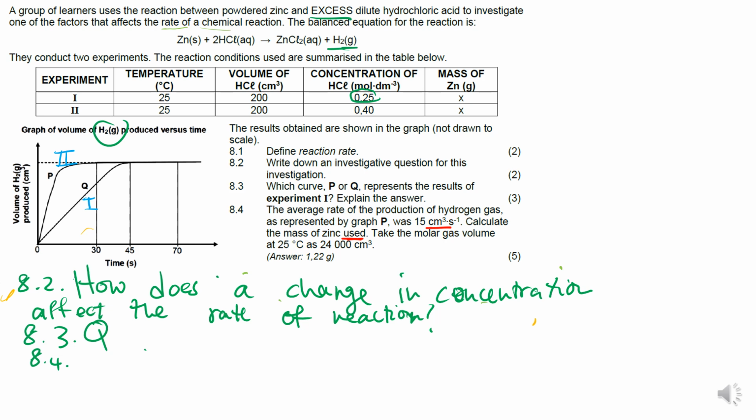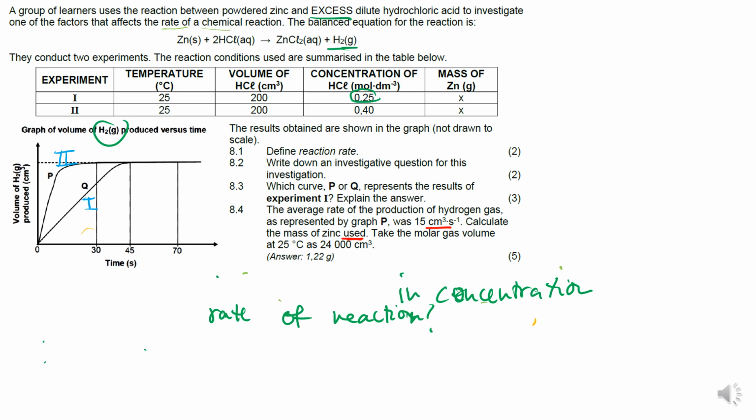So let's work on that. And then they give us the molar gas volume at 25 degrees as 24,000. So I have the option of either using it as 24,000 cubic centimeters, or I can convert it to cubic decimeters. It will all reach the same answer. It really doesn't matter. So let's look at that.